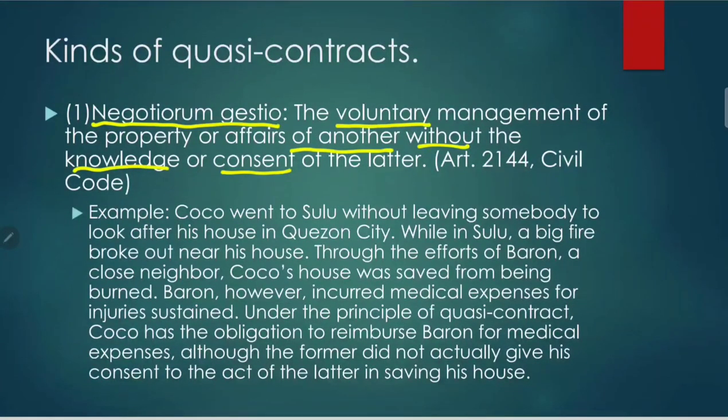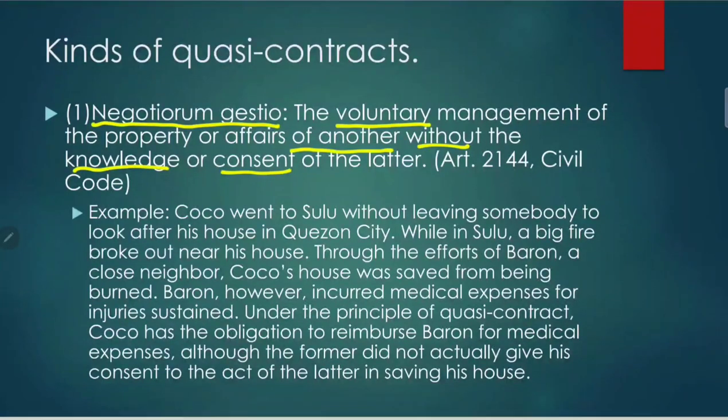While in Sulu, a big fire broke out near his house. Kaninong bahay daw yon? Kay Coco ang bahay. Bahay ni Coco. Through the efforts of Baron, a close neighbor, Coco's house was saved from being burned.